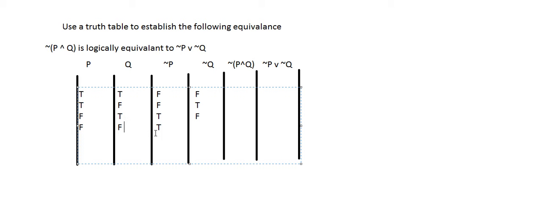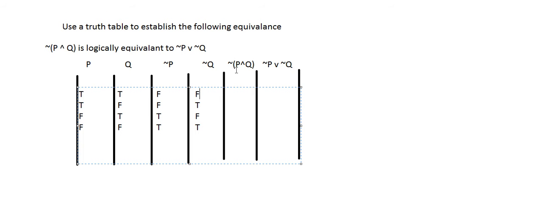And the last one would be true. So the negation is just the opposite of P and Q. Okay, so now we have the values. We can do these statements now.